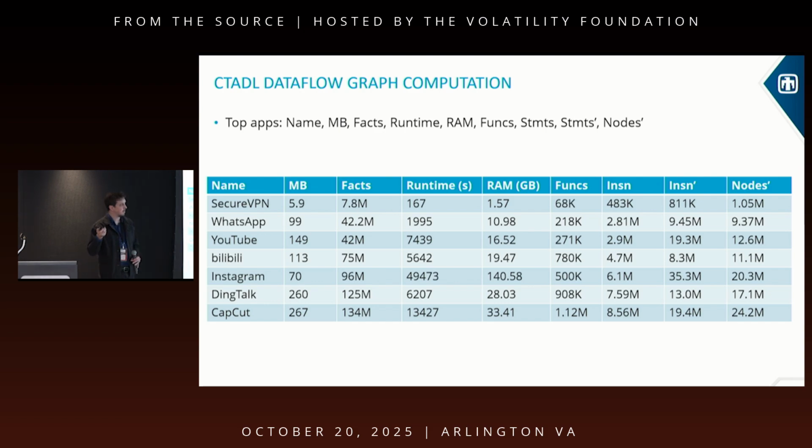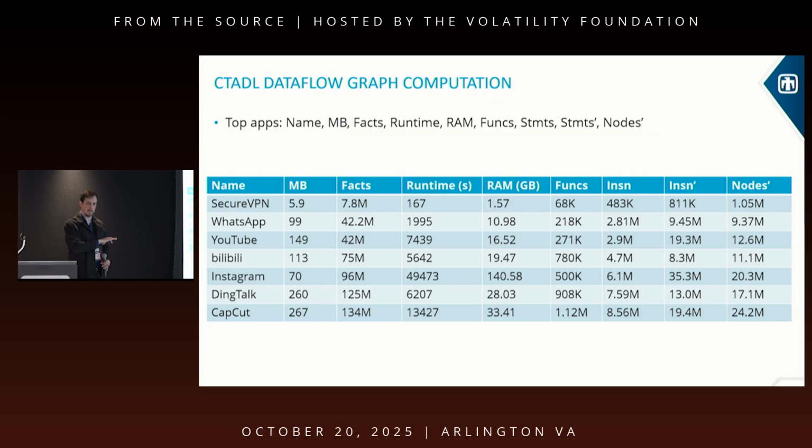Right, okay, numbers. We like numbers. So this is just, I went to APK Mirror or something like that and downloaded, I think the first 8 apps. I think I ran the first 10, but the last 2 didn't finish on the machine that I wanted them to finish on. So what I'm doing is just running the index step on these apps, which you can find on APK Mirror.